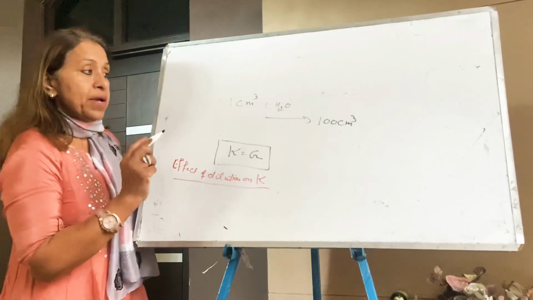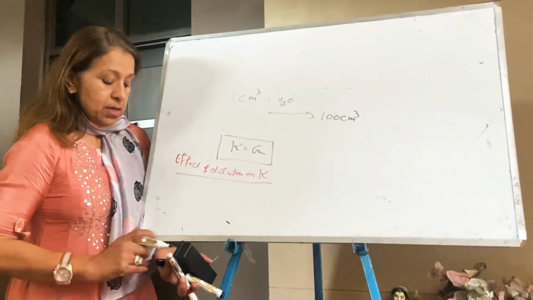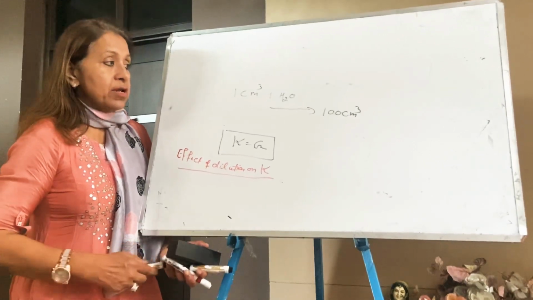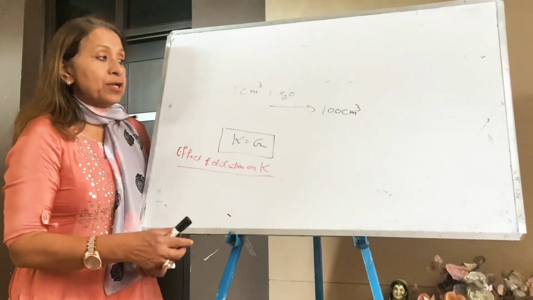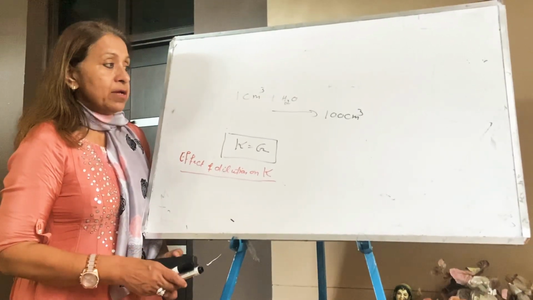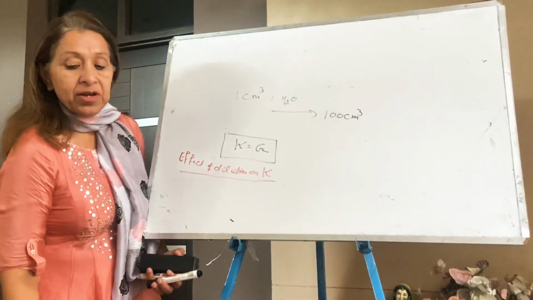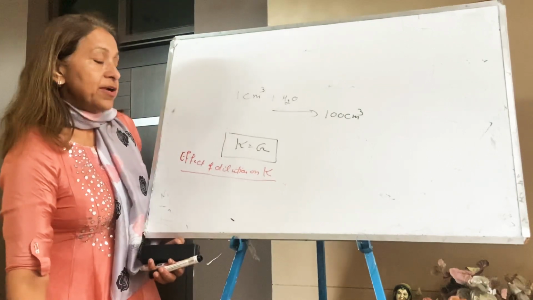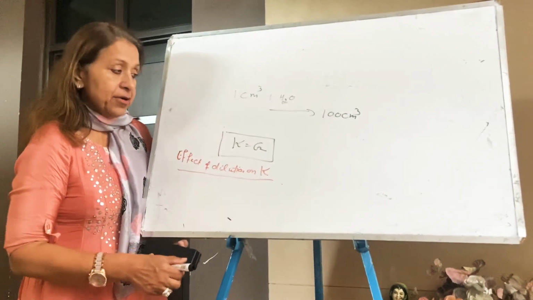Because on dilution the volume increases, so the number of ions per centimeter cube decreases. As conductivity is the conductance of 1 centimeter cube solution, conductivity decreases.